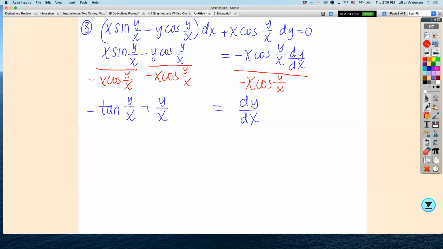So already we've taken that long starting problem to something significantly smaller. From here, I can use v. I can make y equal vx, which means that dy over dx turns into v plus x dv over dx.